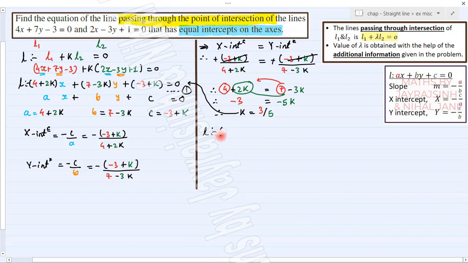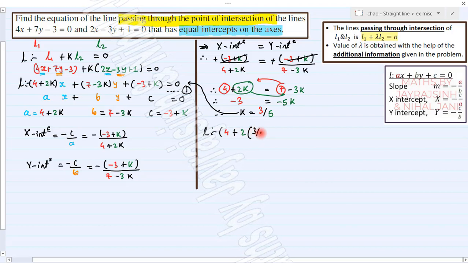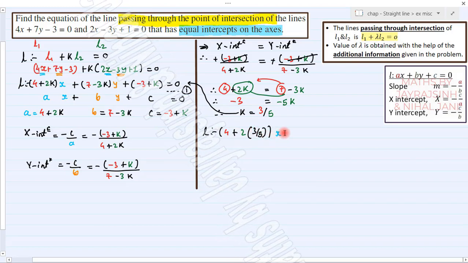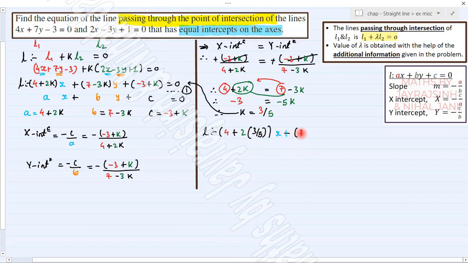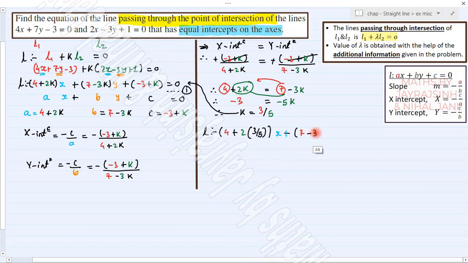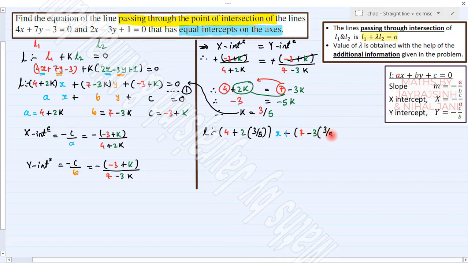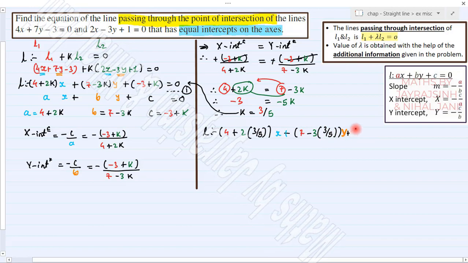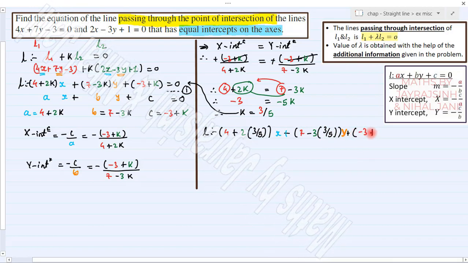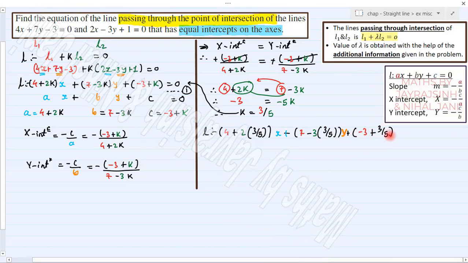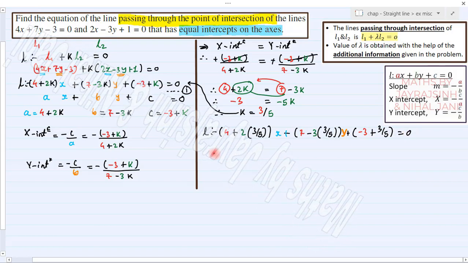So we will get 4 plus 2 times 3 by 5 x plus 7 minus 3 times 3 by 5 y plus minus 3 plus 3 by 5 is equal to 0.